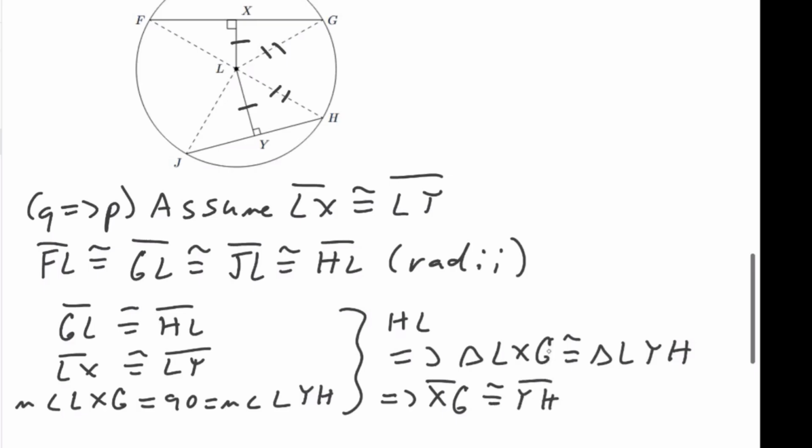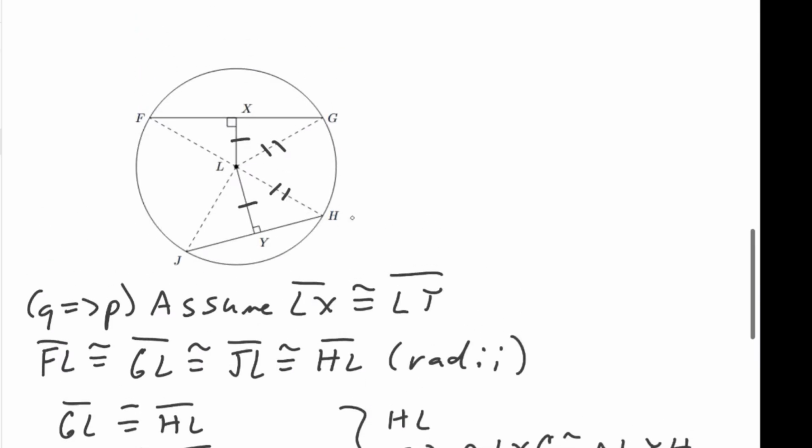As you can see, I can use the same argument to show this is congruent to this, showcasing that triangle LXF is congruent to triangle LYJ.